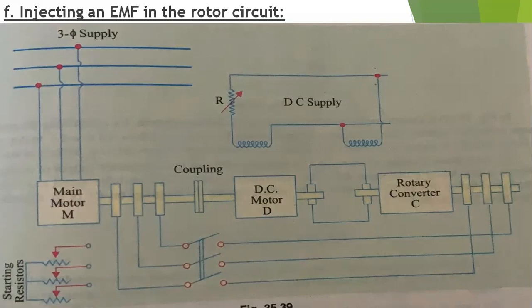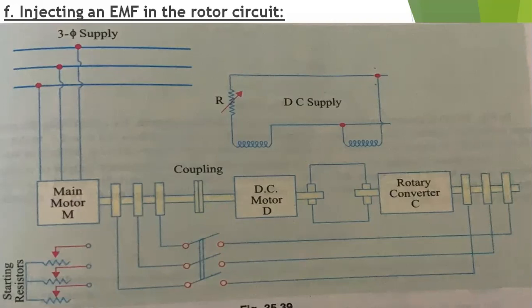We have to inject an EMF in a particular phase, in phase or in opposition, and that affects the resistance. Affecting the resistance means the speed is controlled automatically. So by our application, you can inject the EMF in phase or out of phase.